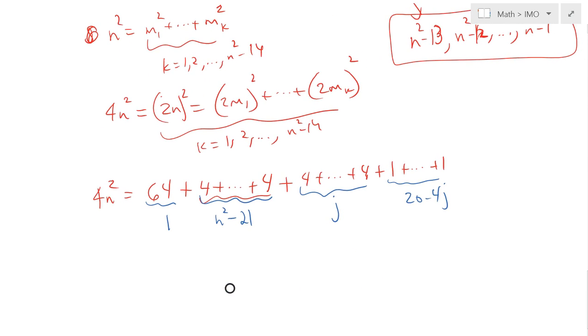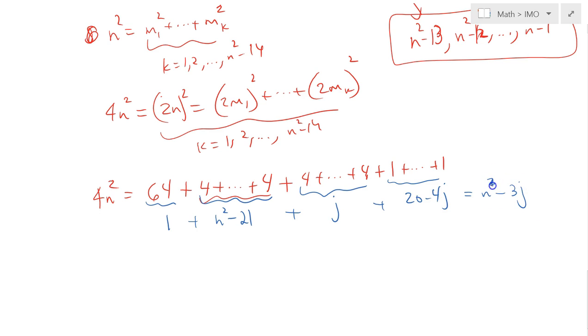So when you add these, how many terms do you have here? If I add all these terms, I will get n squared minus 1, and then plus 1, they cancel out, and then minus 3j.